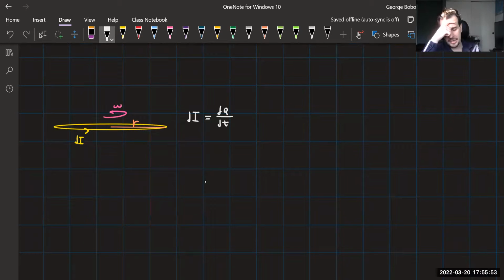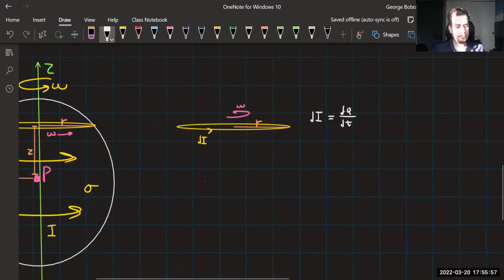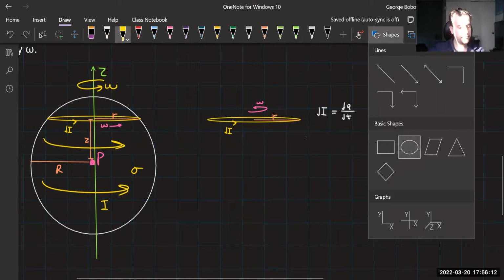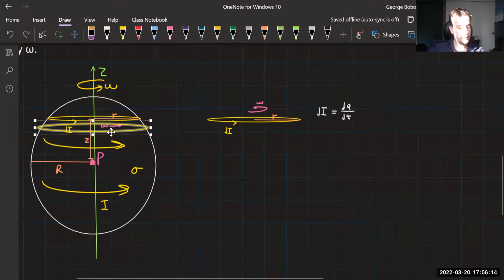Then you ask yourself, what exactly is dq right now? Remember how I told you that when you're doing this kind of approach, you're thinking of the building block being smeared across the surface? We'll use the result of the ring, but we're going to ever so slightly smear it across the surface so that we create a little area.